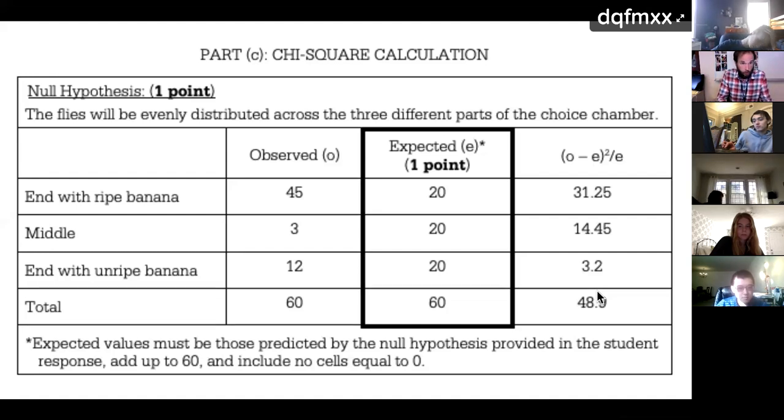But because we assumed in our hypothesis, and I asked you, yes, that was the direction that you wanted to go, that the flies were exhibiting no preference for the ripe banana side or the unripe banana side, then we had 30 and 30 with 0 in the middle. So it's dependent upon the null hypothesis. Trust me, I've been doing this a while. I know how this works.